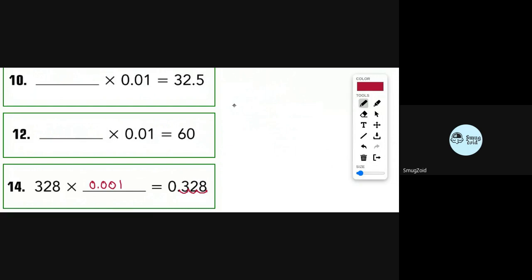Let's check it. 328 times 0.001. Right? See if this works. I move this one this way once, twice, 3 times. Okay? So it's 0.328, and they match up.